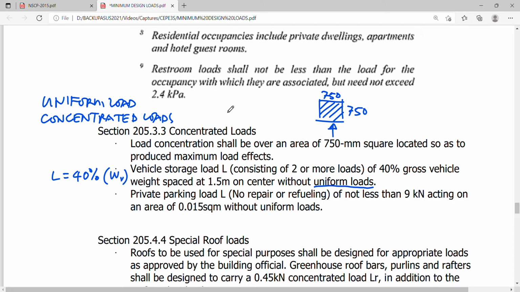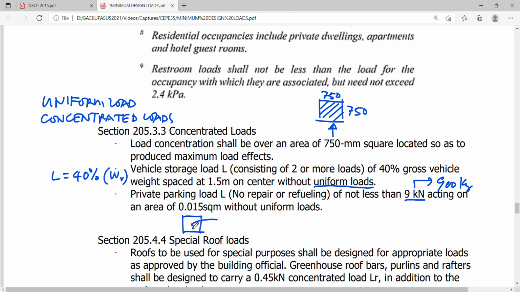Okay, for private parking loads with no repair or refueling, so this pertains to very light vehicular loads such as cars, we consider a specific weight of 9 kilonewton, which is more or less 900 kilos, the weight of a car, acting on an area which is equivalent to 0.015 square meters.